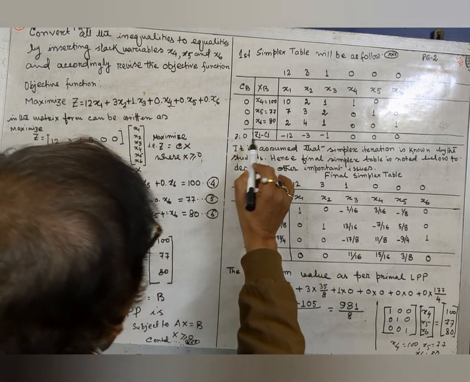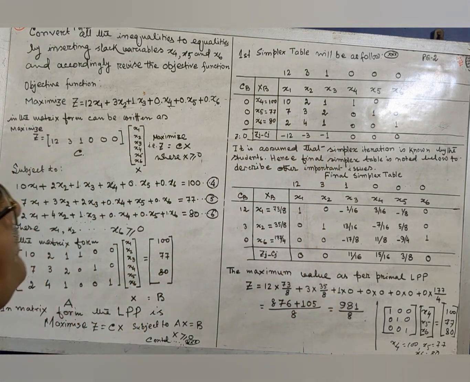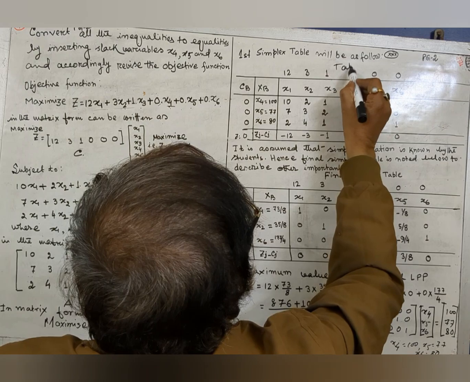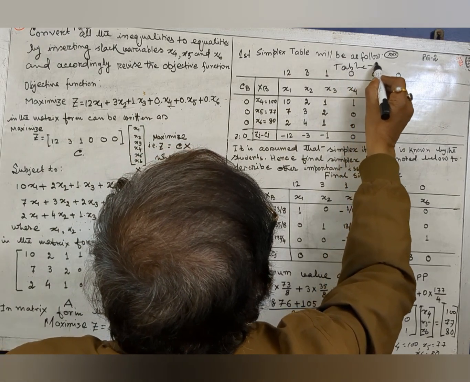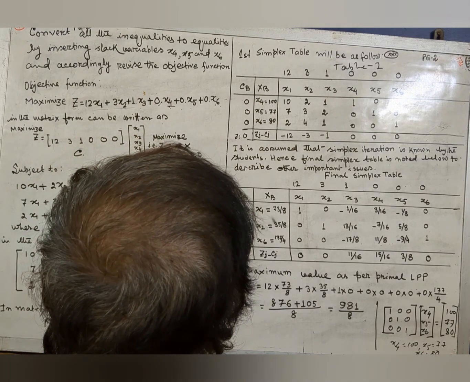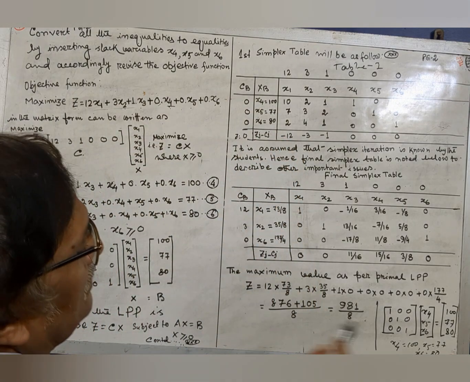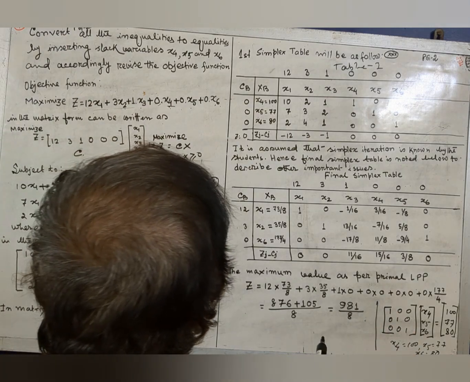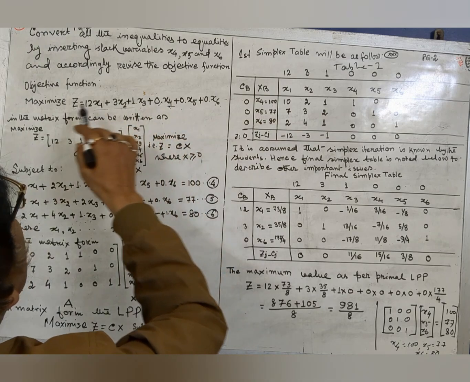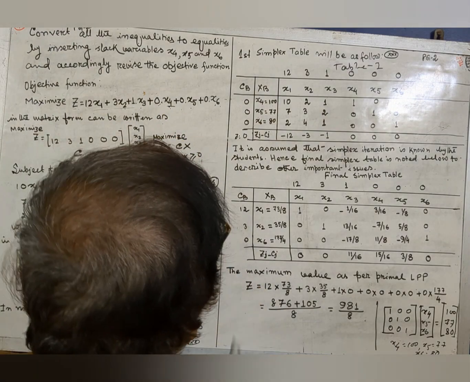That's why after the first simplex table, the objective function is 0. x4 = 100, which I have shown you, but it will not contribute to the objective function as its coefficient is 0.